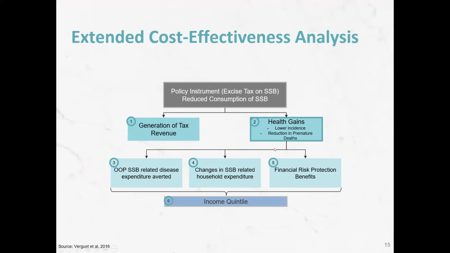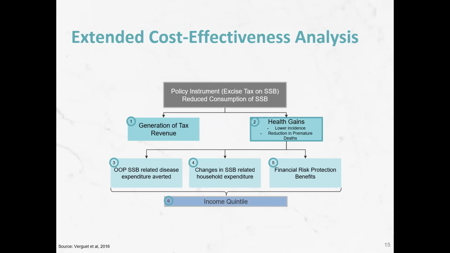Those health gains get translated into lower out-of-pocket costs. The OOP is the out-of-pocket cost for sugar-sweetened beverage related diseases. It also leads to changes in sugar-sweetened beverage related household expenditure. And it has a financial risk protection, because people are not spending money on their diseases. They do not fall into poverty. And so this is the basic analysis for the cost-effectiveness analysis.